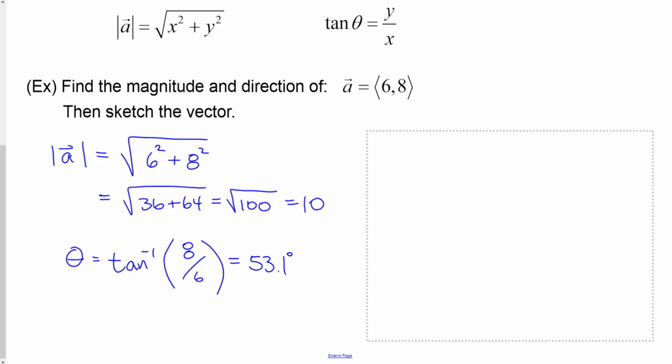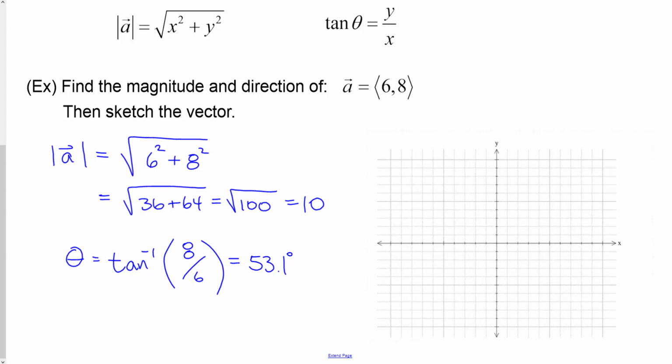Now to draw a sketch, the x component is 6, so I'd go over 1, 2, 3, 4, 5, 6, and then up 8: 1, 2, 3, 4, 5, 6, 7, 8. Wherever those meet, that's the end point of my vector.